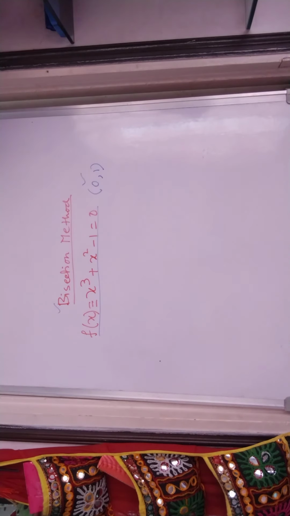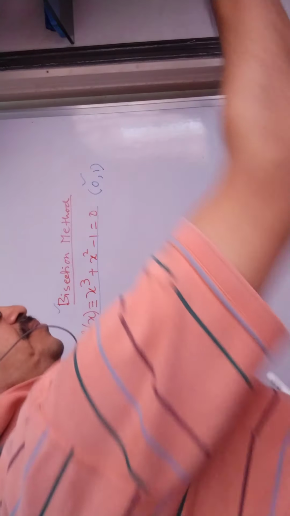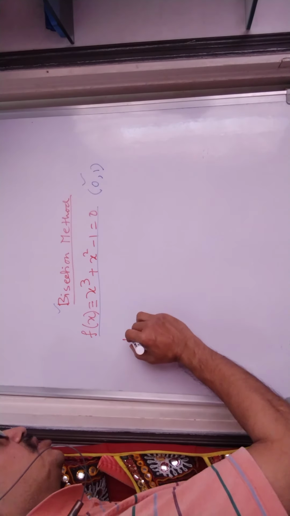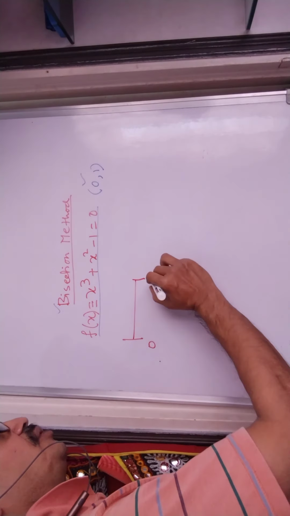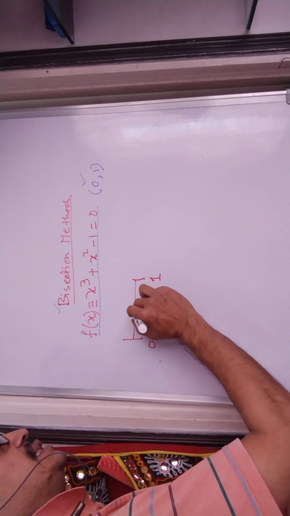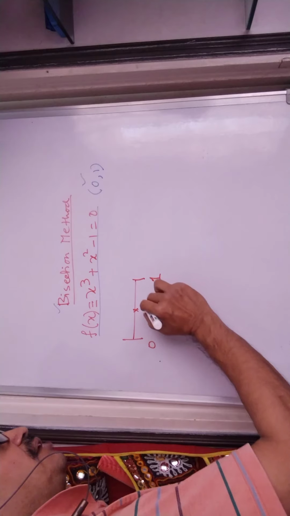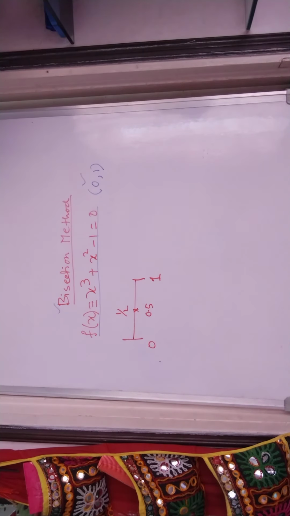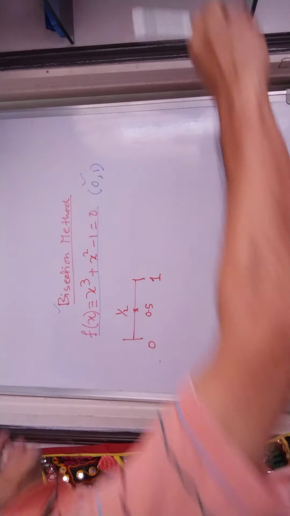Fairly simple. So what will be our next task? Our next task of the bisection method is to halve this interval. This is 0 and this is 1. So this is the 0.5 or half point. So we should check where the root lies, isn't it so?